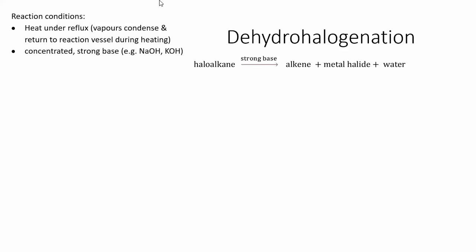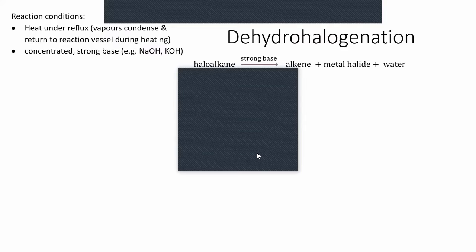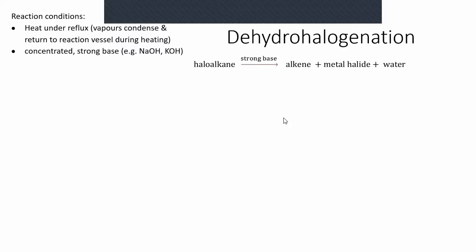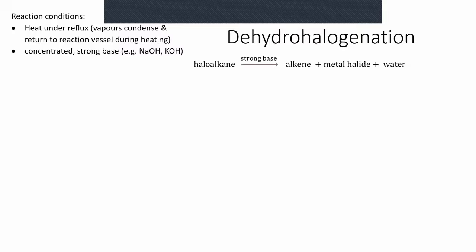Elimination, the removal of adjacent atoms. So in dehydrohalogenation, you are removing a hydrogen and a halogen from a haloalkane. You're going to form three products: an alkene, a metal halide, and in that case again, water. Let me use an example of all of this so you can see what I'm talking about here. Makes it clear. Now, dehydrohalogenation. Let's have an example.